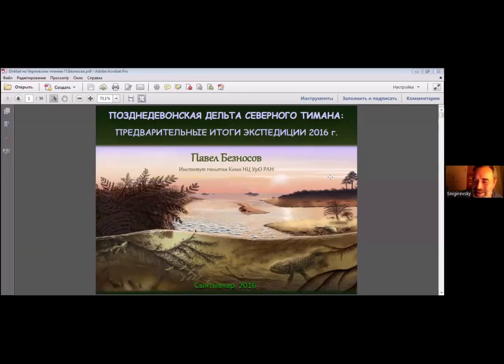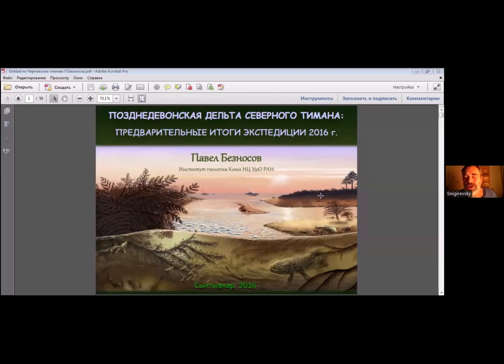So, it's from 2016. It's a piece of our presentation with my colleague Pavel Biznosov. On the foreground, on the left, you can see Rhacophyton in the understory, and on the right side, you can see reconstructions of Archaeopteris before our reconstructions.